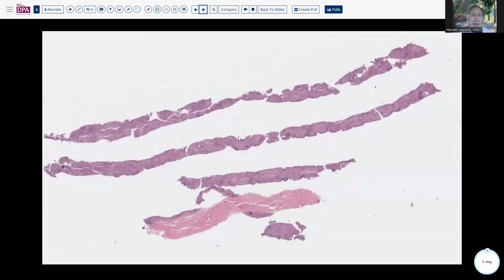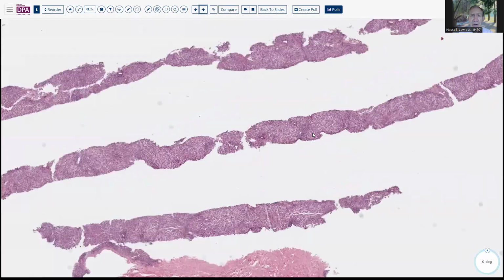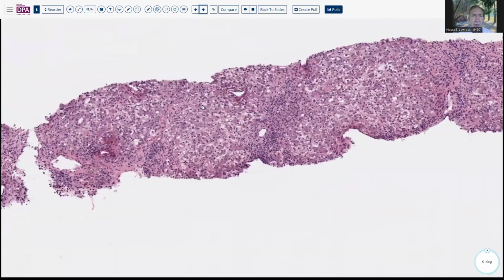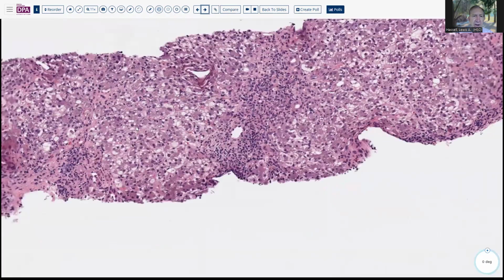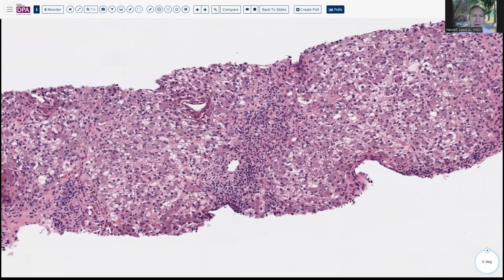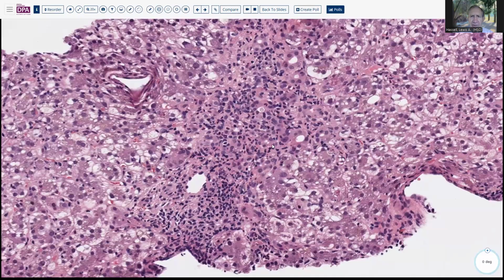I've included here a couple of additional digital slide examples from our teaching files to just allow you to further review those findings. Here again, we see some of the vacuolar change of the hepatocytes. Here, a forceps mark in the tissue. But then again, notice here this mixed inflammatory infiltrate, some plasma cells, lymphocytes, and extension out here along the interface into the hepatic lobule.